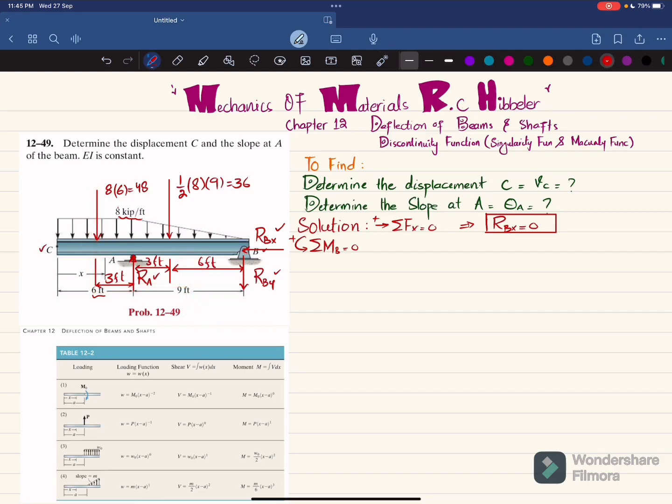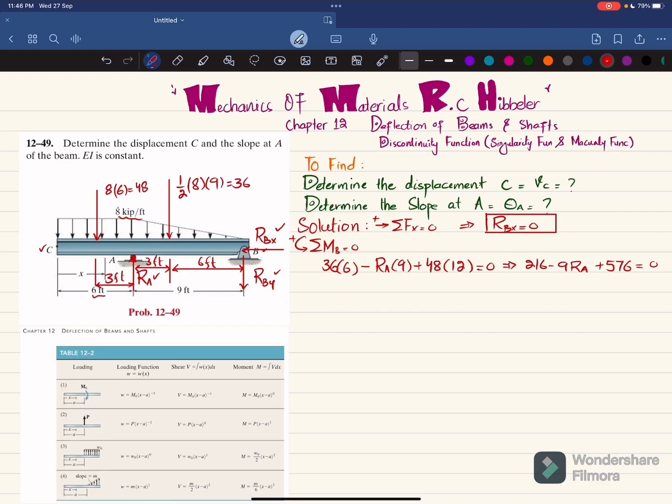So I will write first 36 into 6, minus RA into 9, plus 48 into 12 is equal to 0. From here you will get 36 into 6 is 216, minus 9RA, plus 576 is equal to 0.